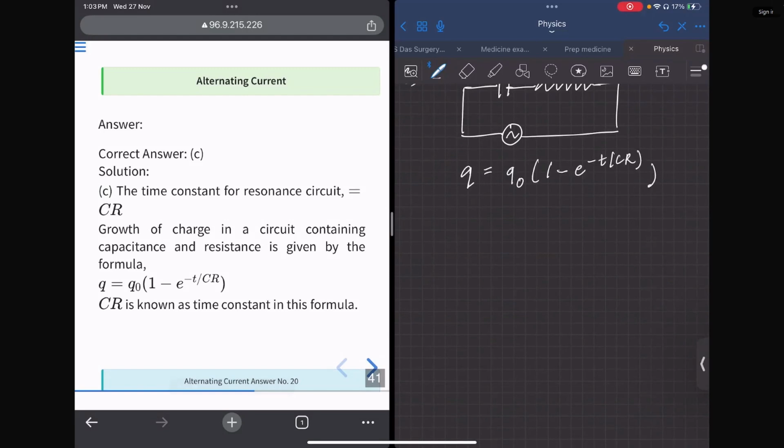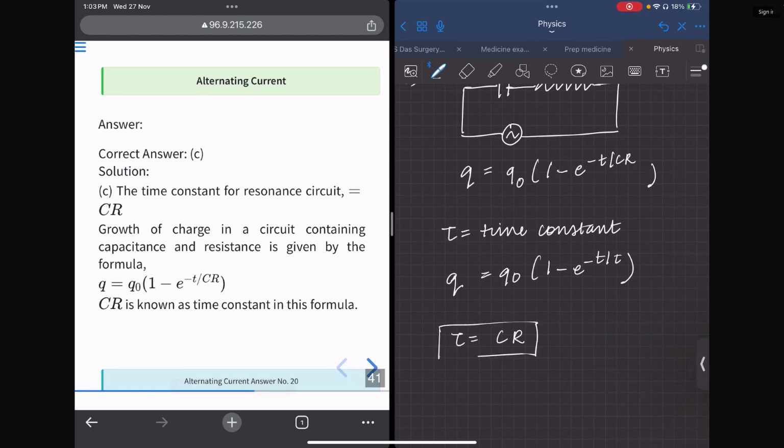And we have the basic formula, Q can be represented as Q naught into 1 minus e power minus t by tau. And tau here is the time constant, which is equal to CR in this case.